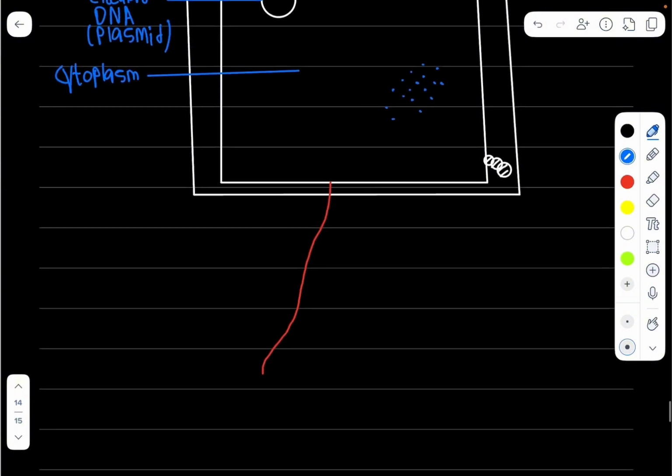Now I told you that this is the mesosome, but I missed one structure over here. This is the structure. Right, I mistakenly told you that this is the mesosome.